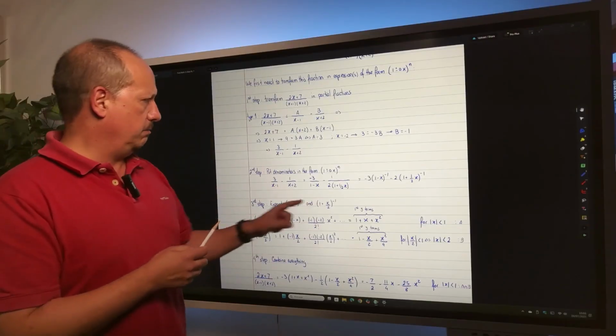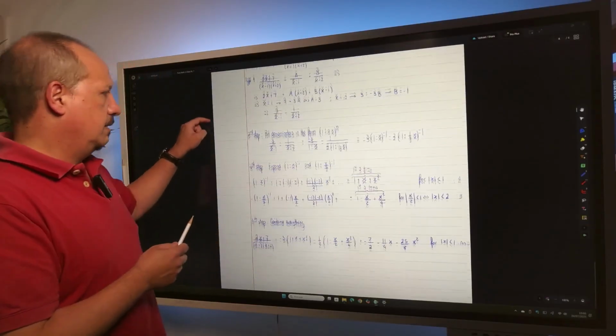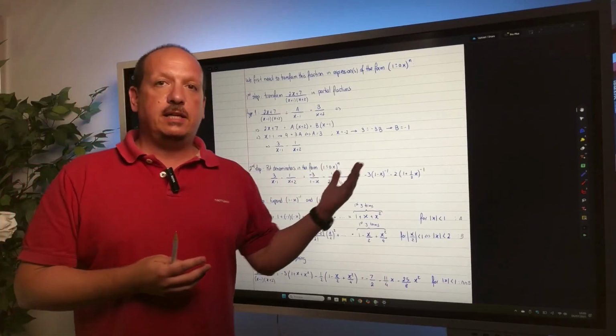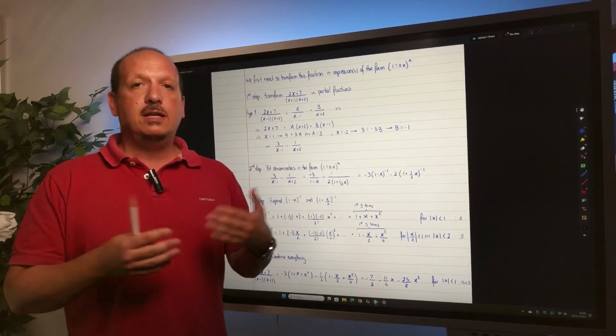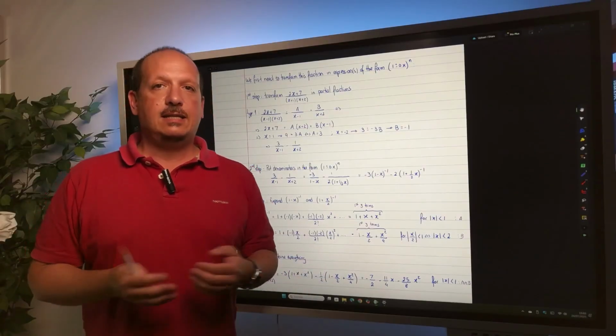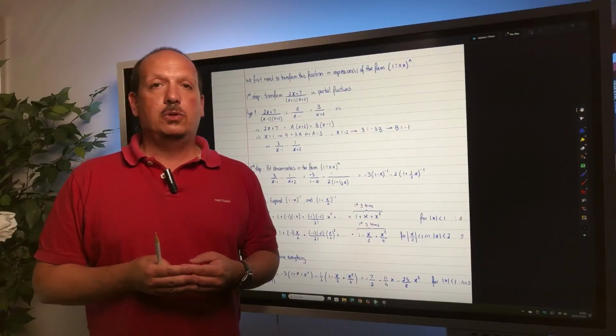Then expand each one, combine everything, see the set of values of x for which it is valid, and then everything will be done.